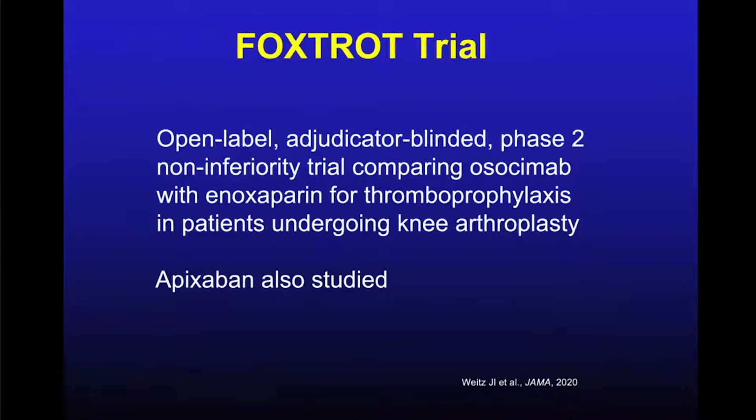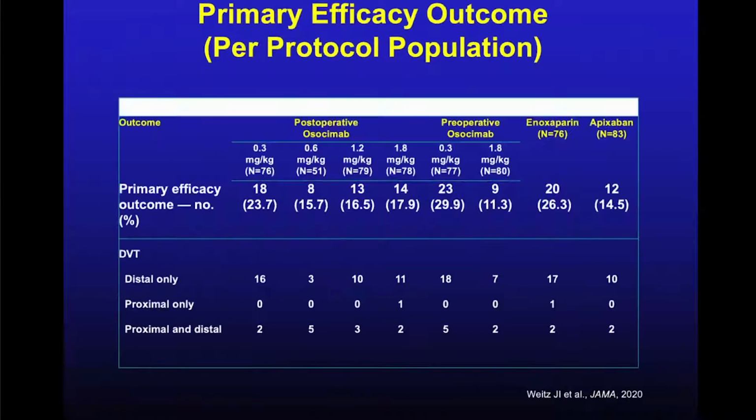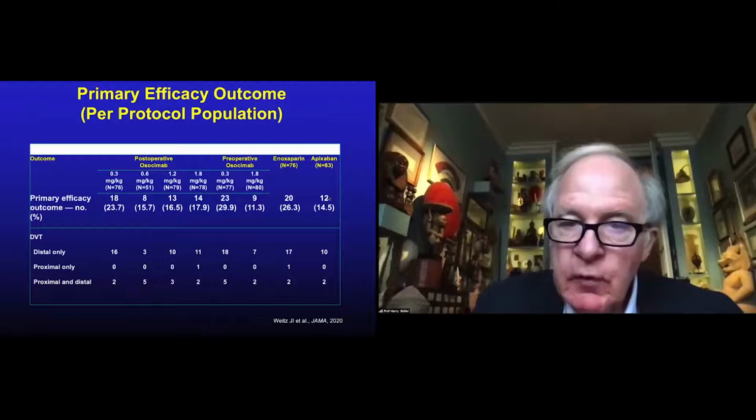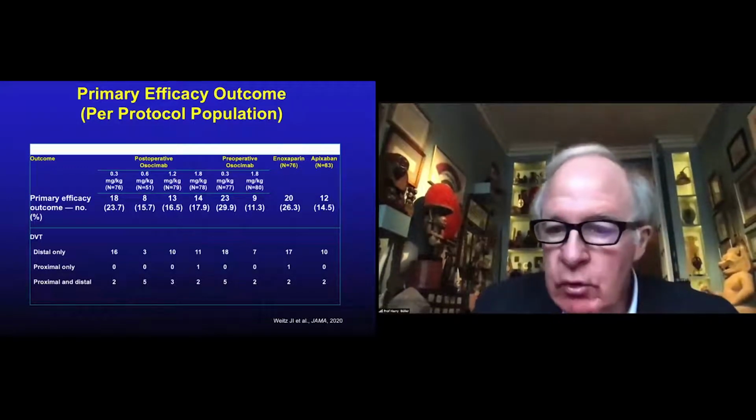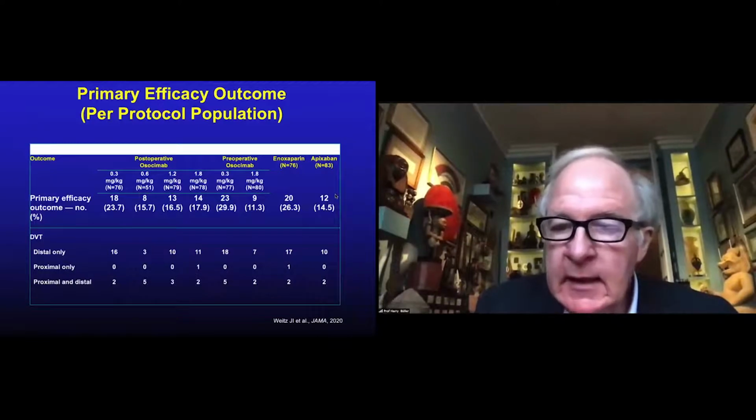The FOXTROT trial, as you can see here, was a monoclonal antibody, osocimab, compared with enoxaparin in a very similar setting. And the interesting thing here is there were two controls, apixaban and actually enoxaparin. I'd like to draw your attention to the top line, the apixaban, the rate of thrombosis. So this needs to be compared to what I showed you earlier in the antisense trial.